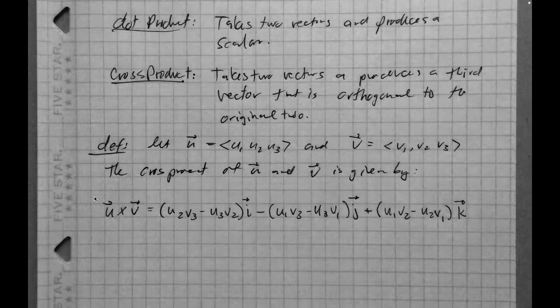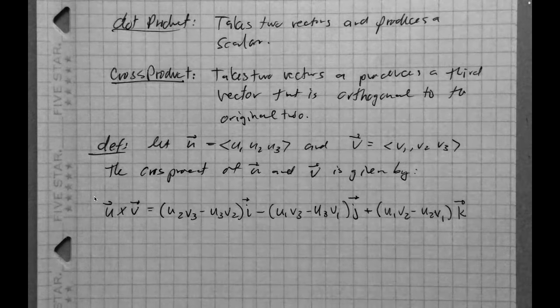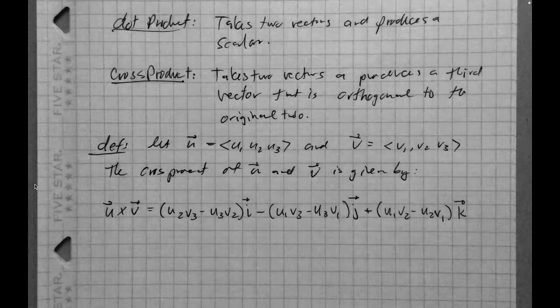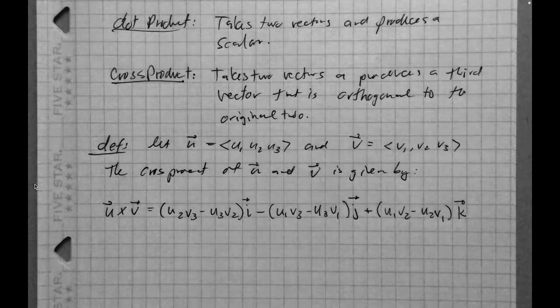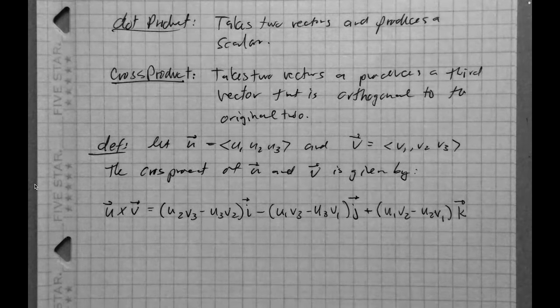So that's the formula, if you will, for generating the cross product of two vectors. Not very elegant in itself, but we'll discuss in a second where this comes from and how we will calculate this in practice.